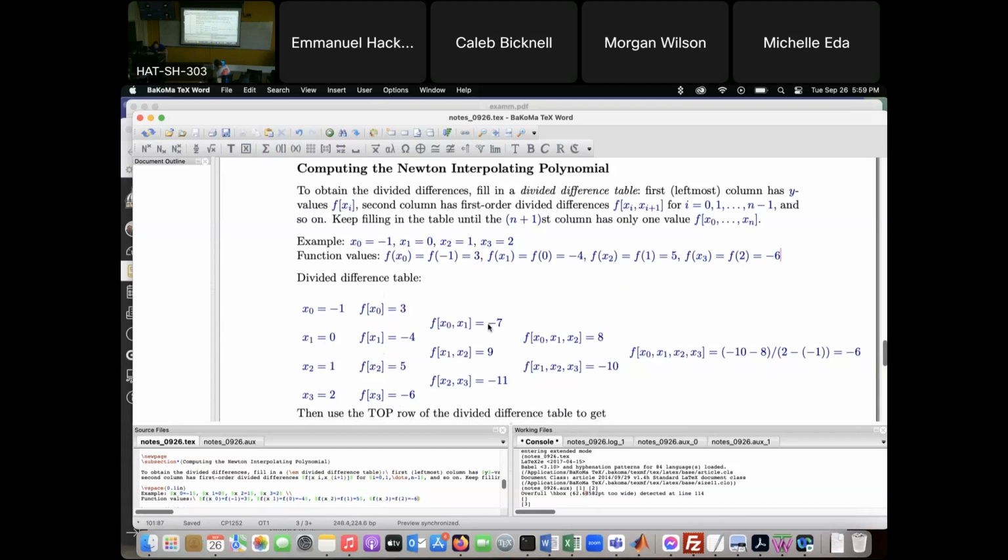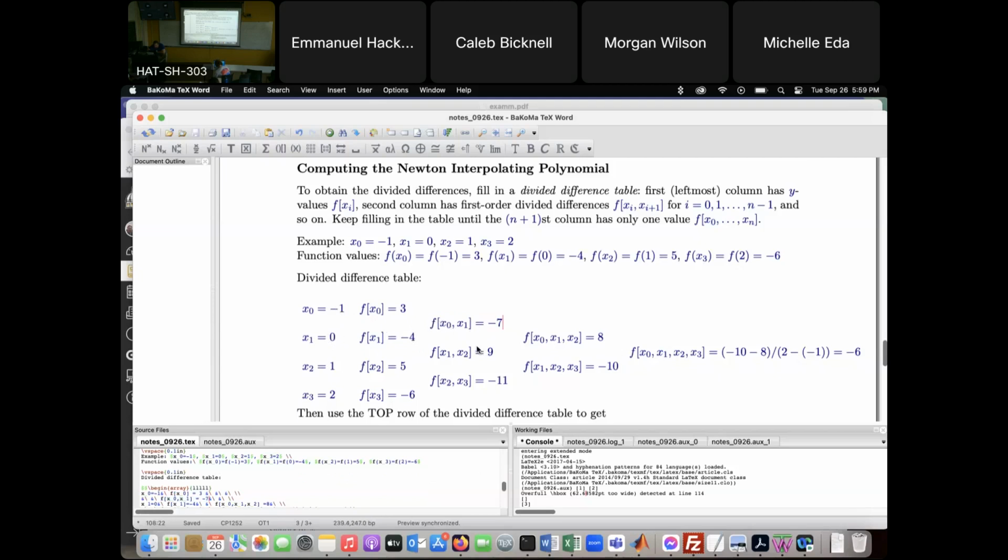And then to get the first order divided differences in this third column here, notice I've written these between the divided differences from the previous column, because as we go to higher order divided differences, we have fewer of them. So how do I get this one? I take -4 minus 3 divided by 0 minus -1. So it's -7 divided by 1, so I get -7.